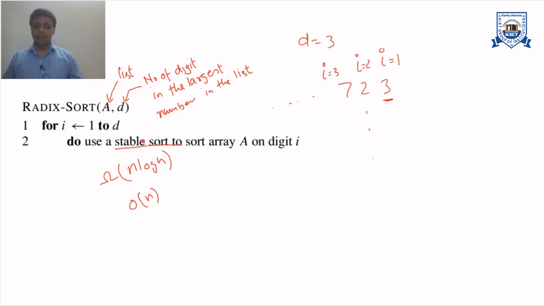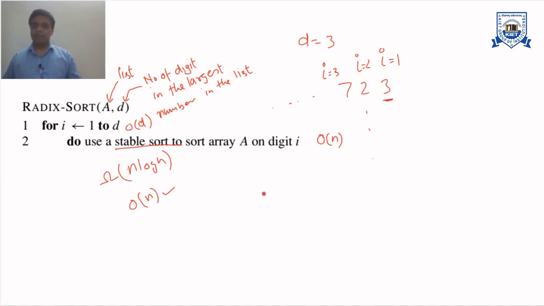So as we know, the counting sort is, first of all, linear and it is stable also. So we would go to perform the counting sort as the stable sort. And if we perform counting sort, line number 2 would be performed in linear time, and this operation would go on in the order of the number of digits times.